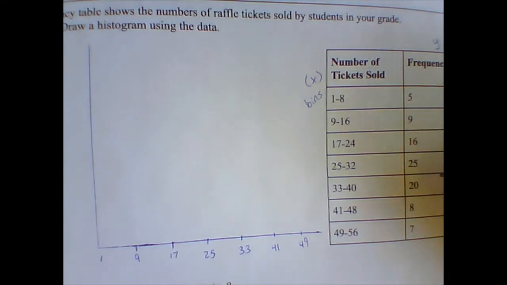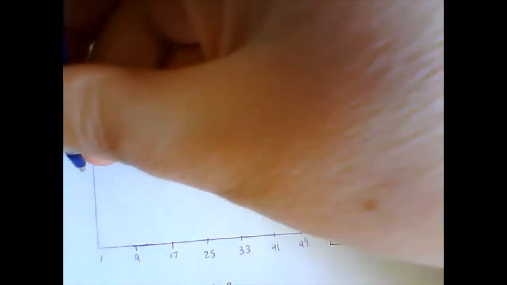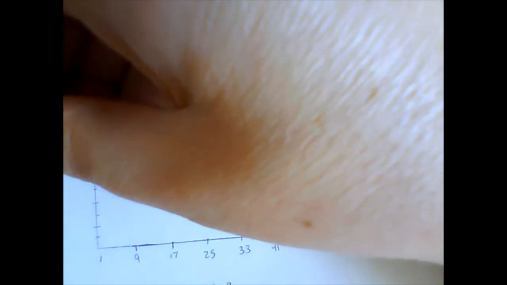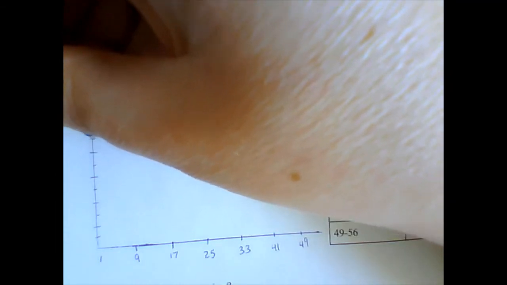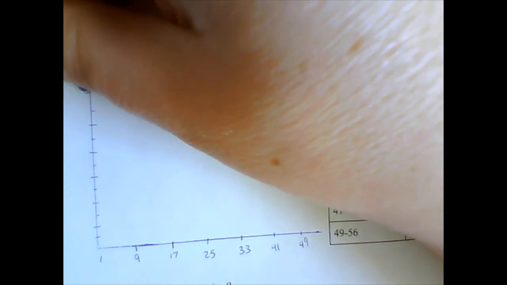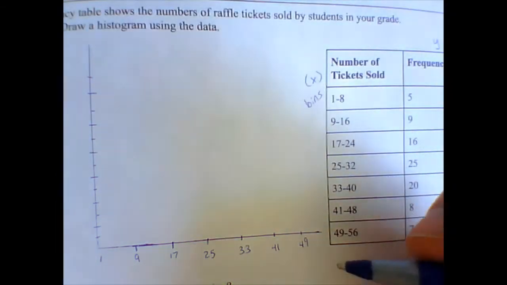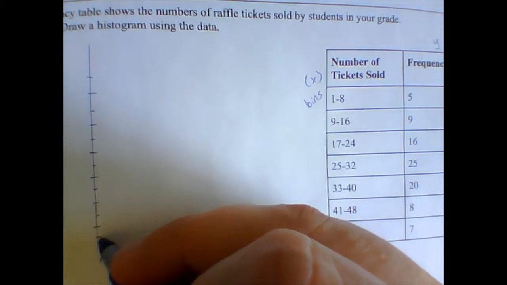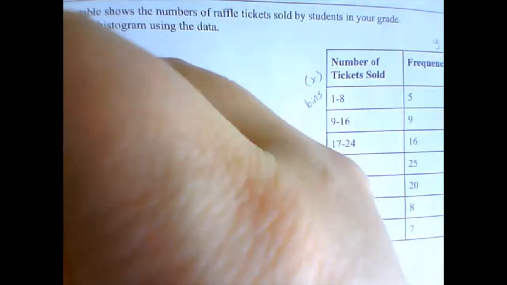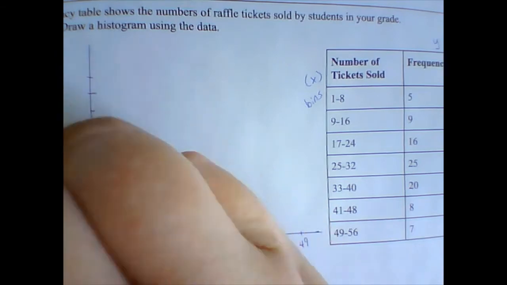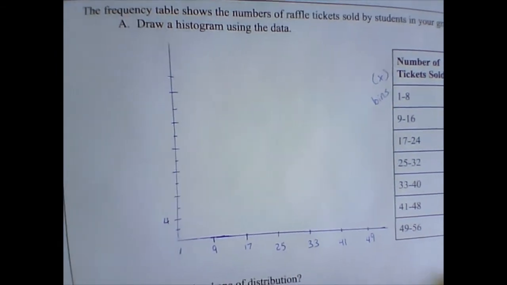Okay, and you can kind of tell right now our highest column is going to be 25 high on the Y. So what I'm going to do for the Y-axis is I'm going to label these guys by 2s so that we don't have a ridiculously high Y-axis. So that first little hash mark is 2, and this next guy is going to be 4, and the camera's getting in the way of the pen, so I'm going to move the paper.